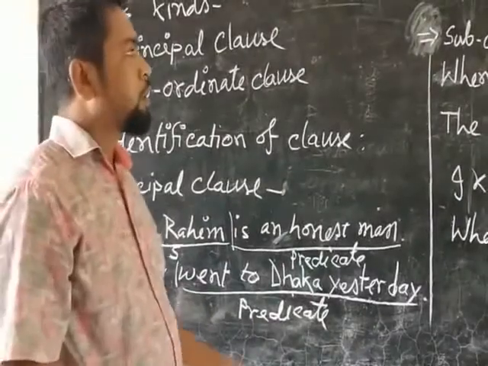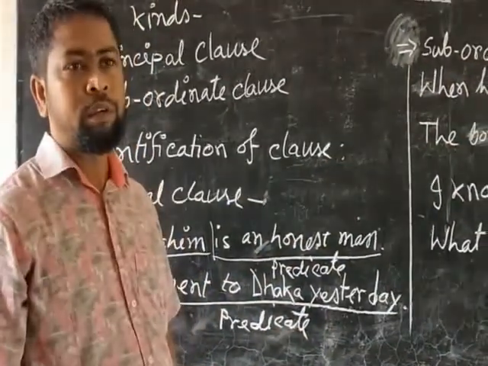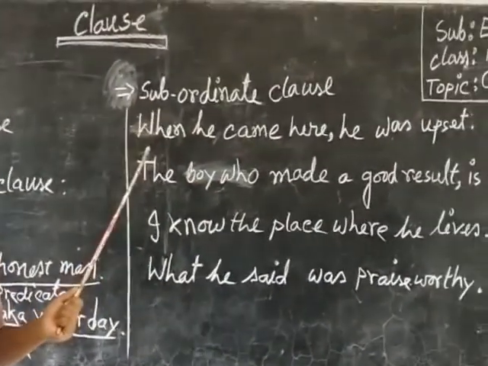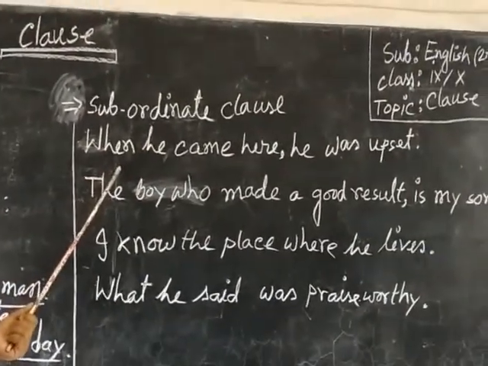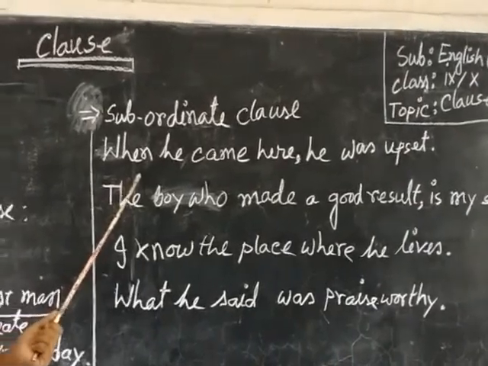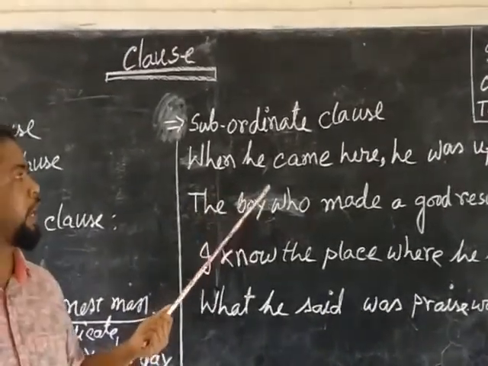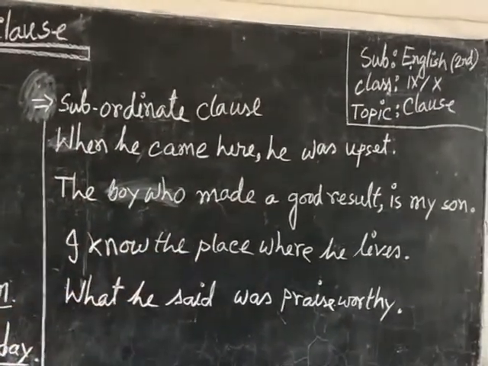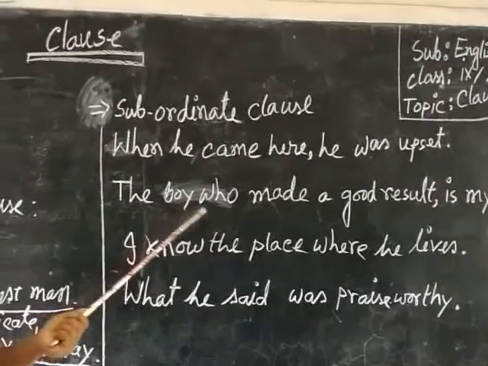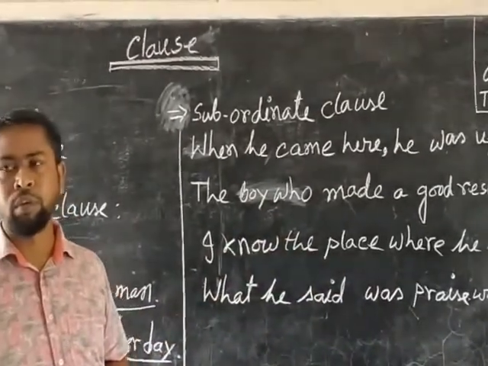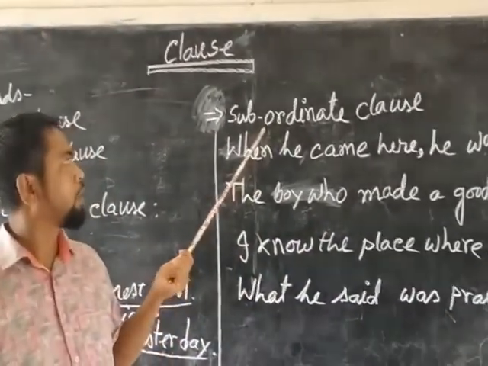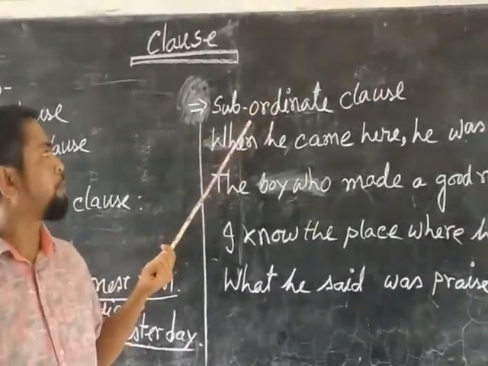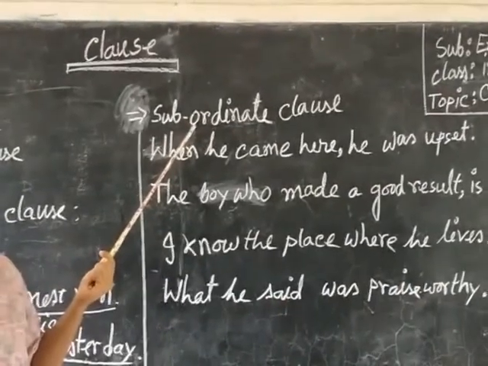Now, in a complex sentence we can identify the principal clause and the subordinate clause. For this we have to know the characteristics of a subordinate clause.